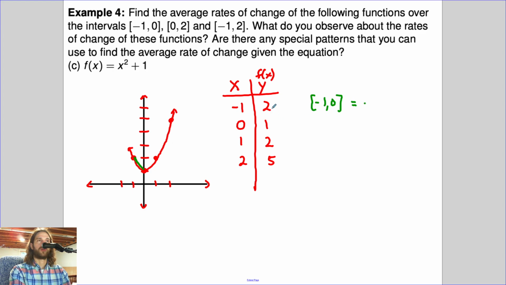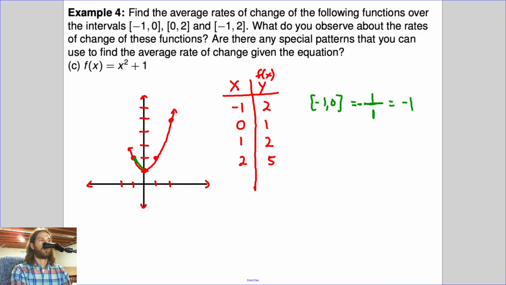Well, we can do y2 minus y1 over x2 minus x1 if you want, or you can just count what's going on here. So you can say, all right, for this little line, I went down 1. I know my slope is negative here. My rise was -1. My run was 1. So that gives us a slope of -1.